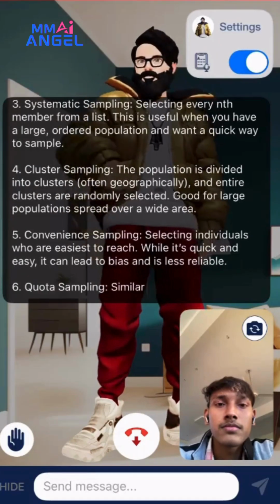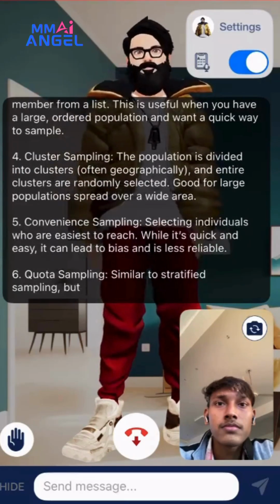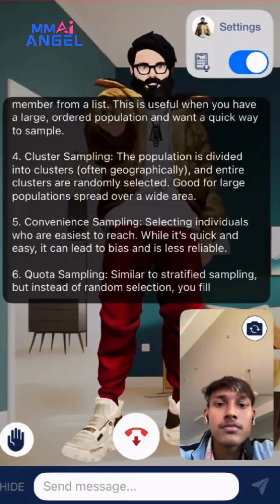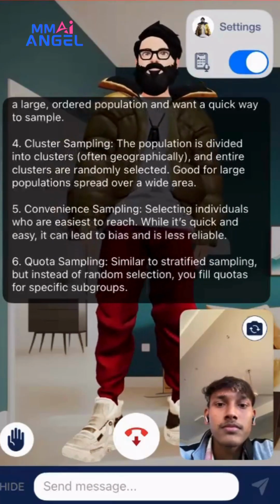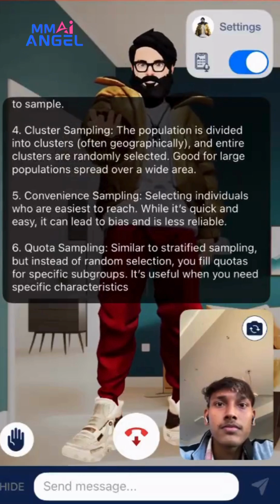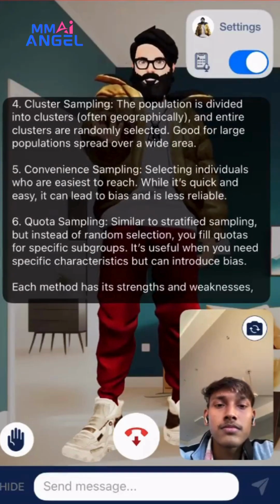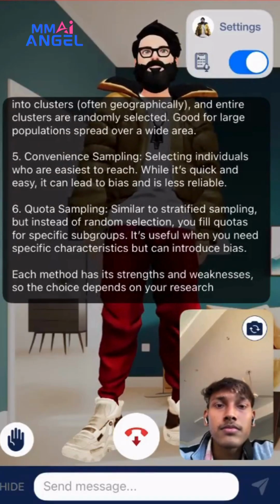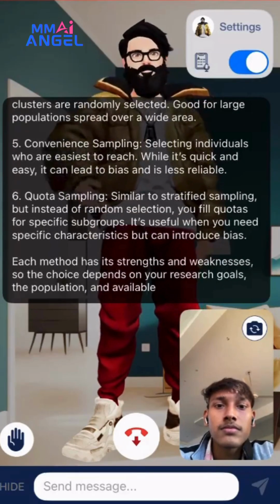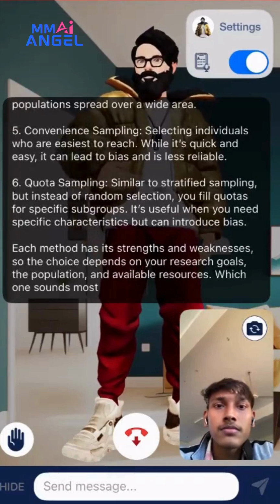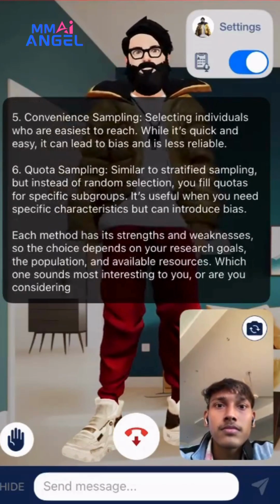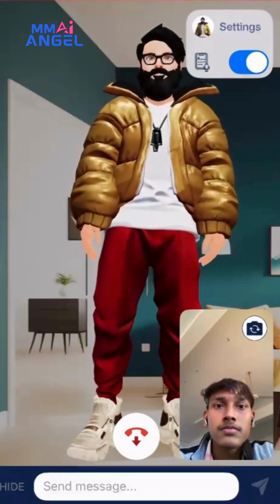Quota sampling, similar to stratified sampling, but instead of random selection, you fill quotas for specific subgroups. It's useful when you need specific characteristics but can introduce bias. Each method has its strengths and weaknesses, so the choice depends on your research goals, the population, and available resources. Which one sounds most interesting to you, or are you considering one for a project?